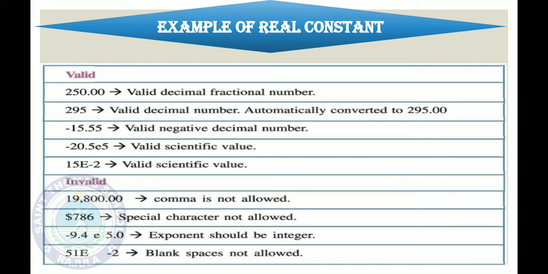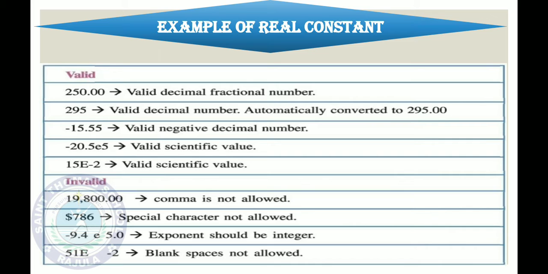Then here you can see in the first one a comma is there, and a comma is not allowed, so that is a wrong example. This is not a real number. Then a dollar sign is there, so special characters are also not allowed, so this is also a wrong example. Then minus 9.5 E 5.0: the exponent must be in the form of an integer, not a fractional part.